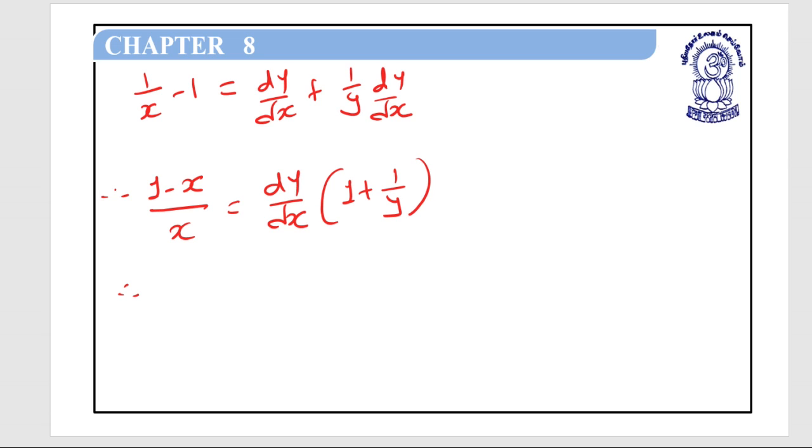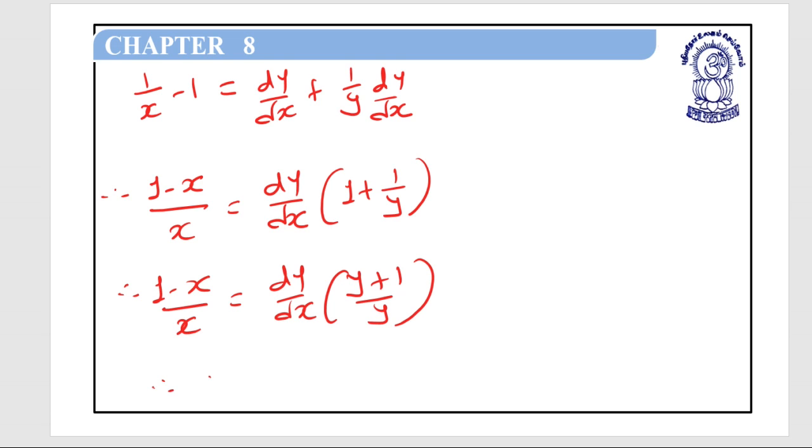So 1 minus x upon x is equal to dy by dx times y plus 1 upon y. So dy by dx is equal to 1 minus x upon x and y upon y plus 1.